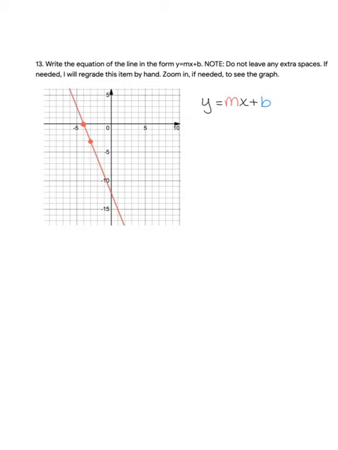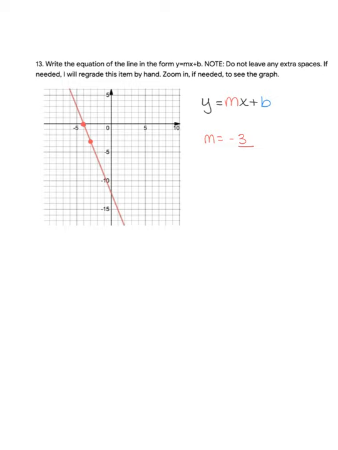Now, to find out the value of m, all I have to do is count the units I move down and then to the right. So I'm moving down 1, 2, 3 units. So I know that my rise, which is not really a rise because I'm going down, is -3.